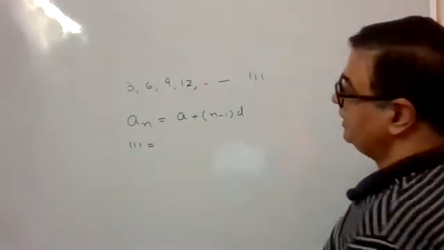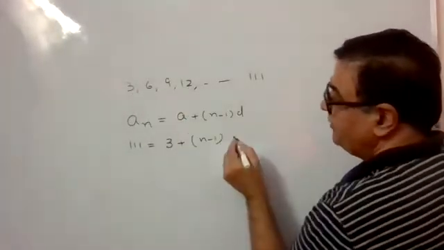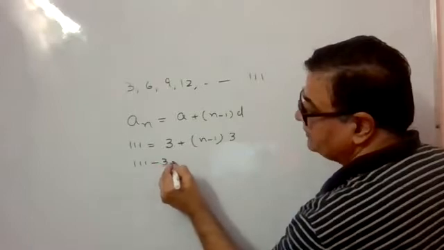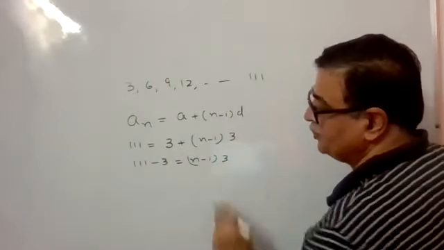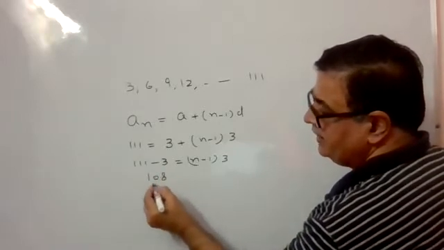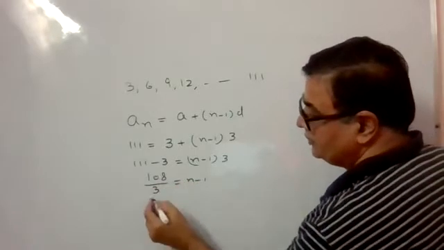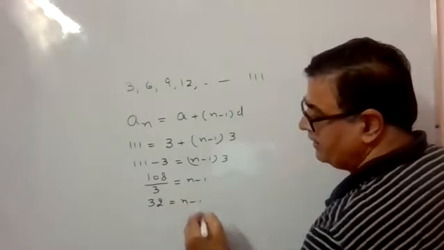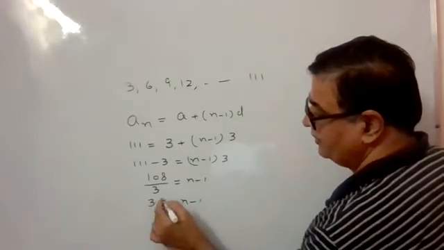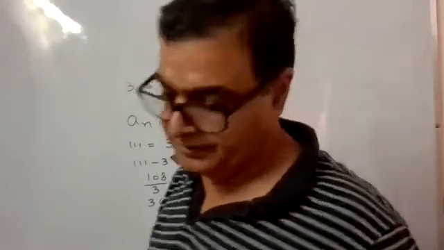A will be 3 plus n minus 1, and d is 3. So 111 minus 3 will be n minus 1 into 3. 108 by 3 will be n minus 1. 3 3s are 9, so 36 is n minus 1. So it comes out to be 37. So it is the 37th term.